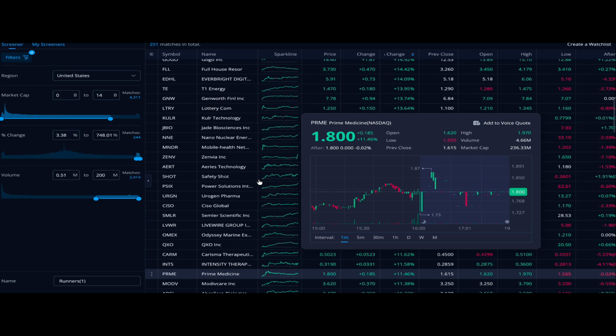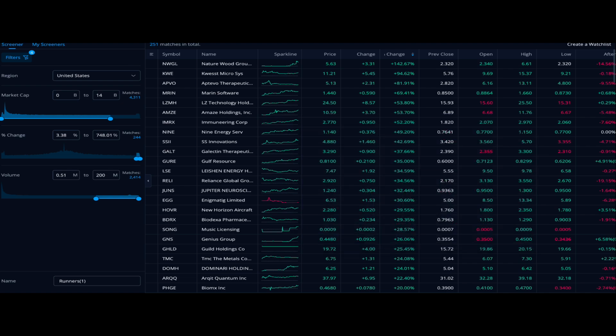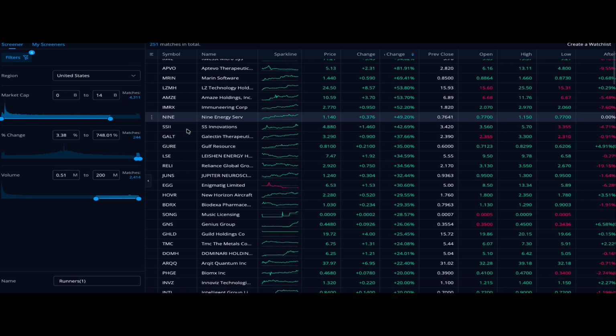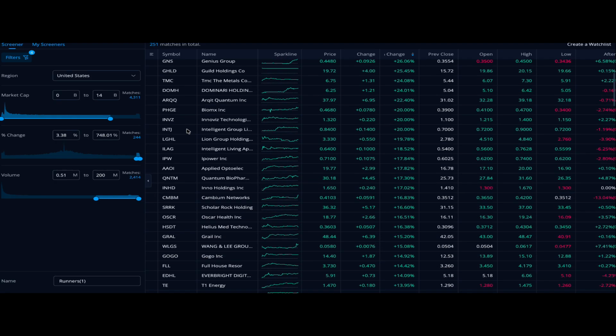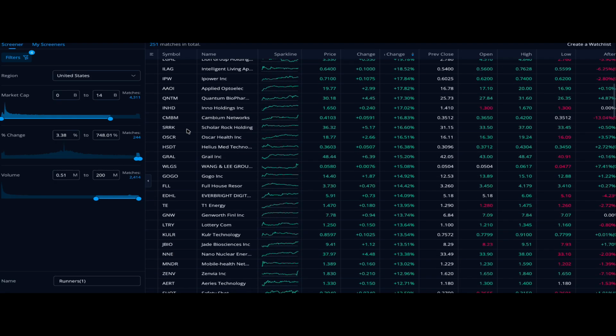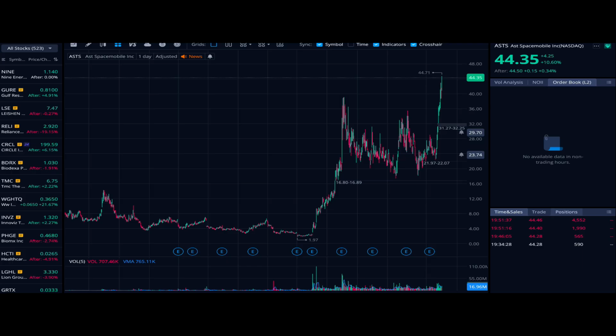I was able to come up with a basket of different stocks like APVO, 9 Energy, Upstart, UPST, AAOI, quite a few energy plays. But what also came out of this list was ASTS.